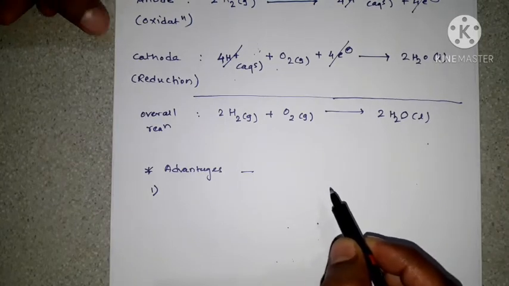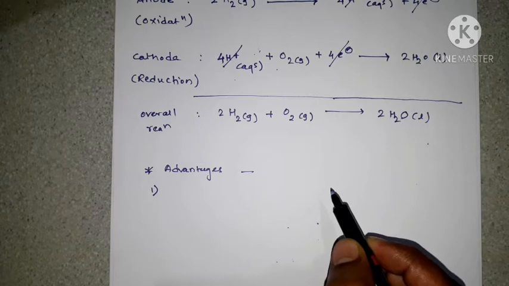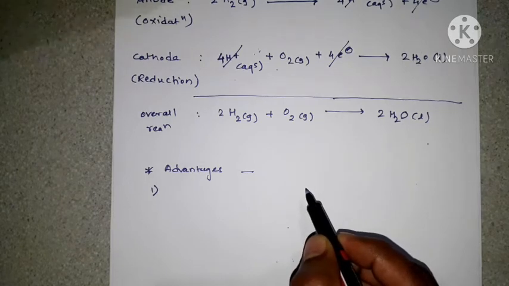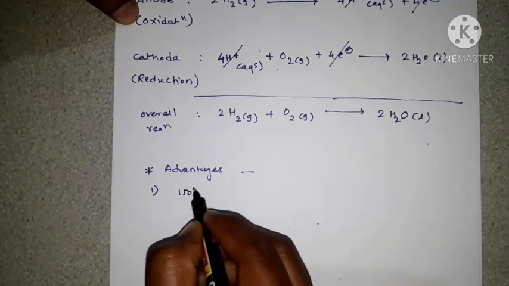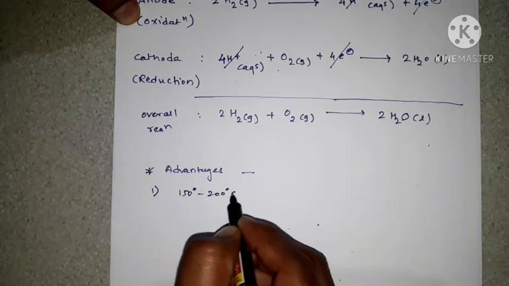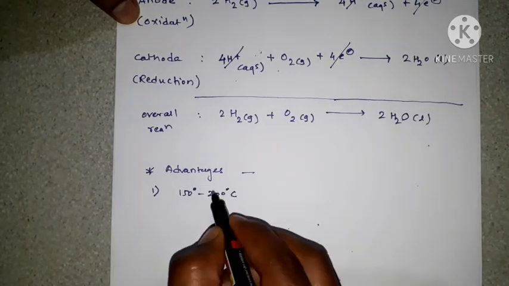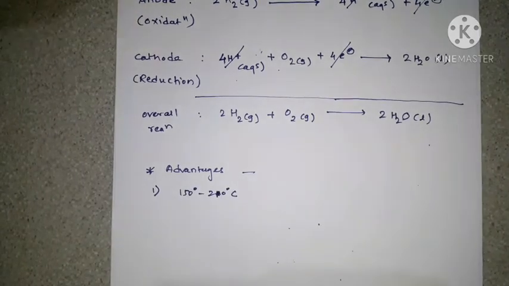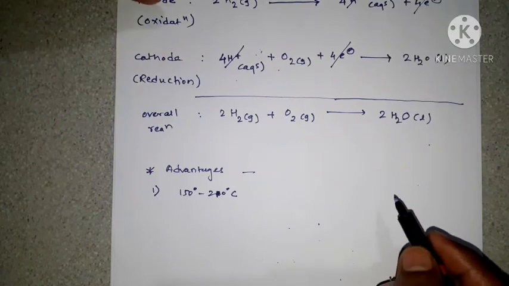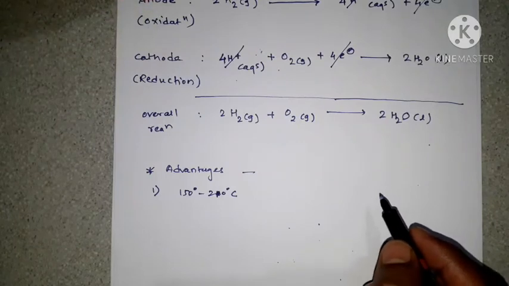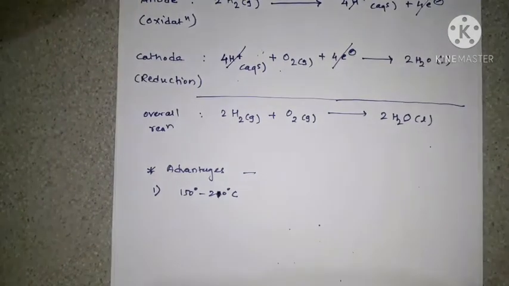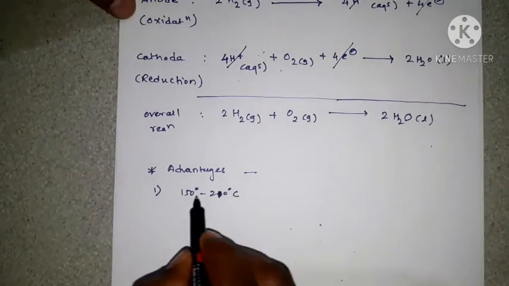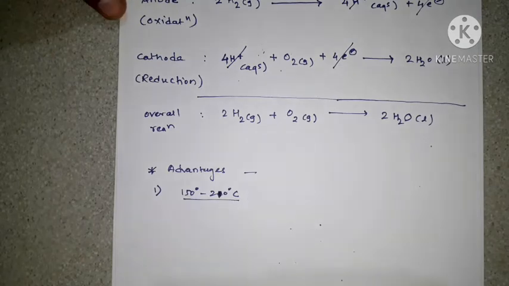Because, as we know, in the phosphoric acid fuel cell the operating temperature required is 150 to 200 degrees Celsius, or 210 degrees Celsius. Because of this, high pressure equipment is not needed, because we already have a high temperature.